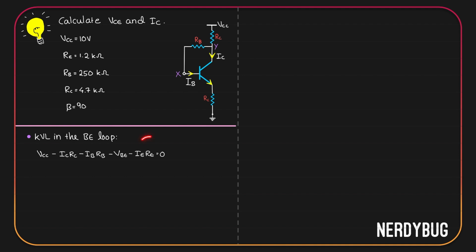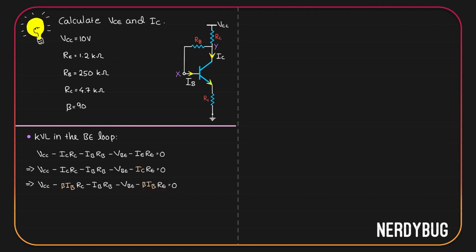Now, we can assume IE is approximately equal to IC and write the equation like this. Instead of IE, I have written IC. Again, IC is beta IB. So I am going to replace both ICs with beta IB. We get VCC minus beta IBRC minus IBRB minus VBE minus beta IBRE is equal to 0.